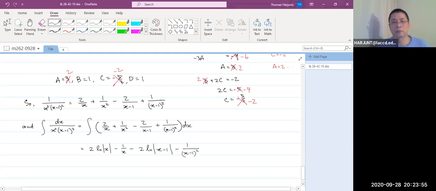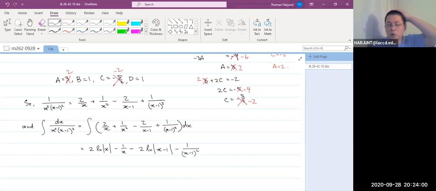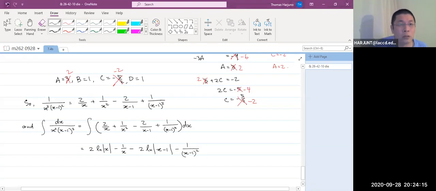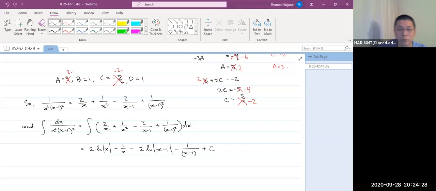No, I don't need that square here. Plus constant. Of course, you can combine this if you want, but you can just leave it there.